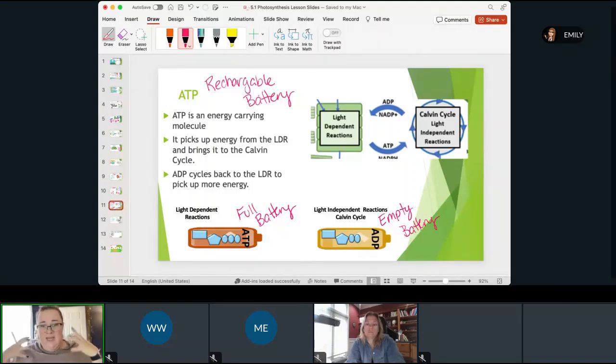So ATP is your battery that's getting charged, getting used, and then going back to get recharged, okay? And NADPH is your train that's just shuttling hydrogens and electrons from one place to the next. Are you following about these two molecules? They're really important, but you can break them down so they're a little bit easier to understand.